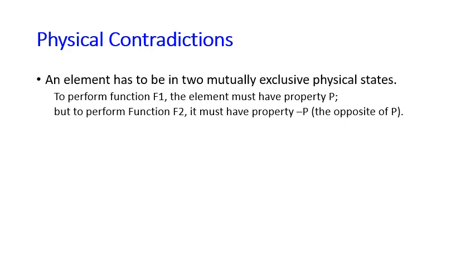In physical contradictions, we have a contradiction when to perform function 1, an element must have property or characteristic P. However, to perform function 2, the same element must have the property of minus P, or in other words, the opposite of P. So the same element, when you use the product for the first function, needs to have the characteristic P. However, when you use the same product for the other function, this element needs to have a property that is the opposite of the first property.